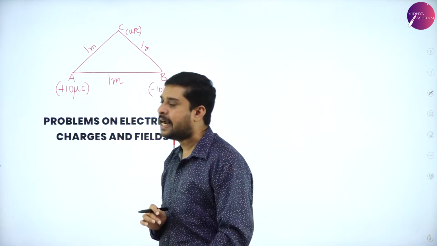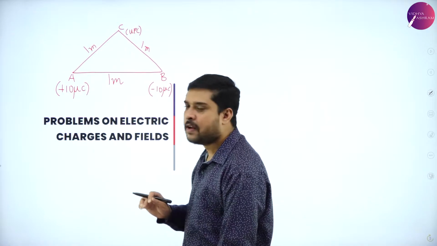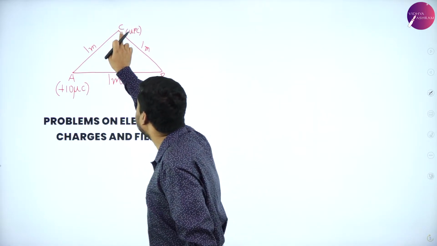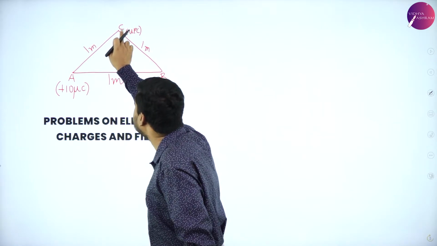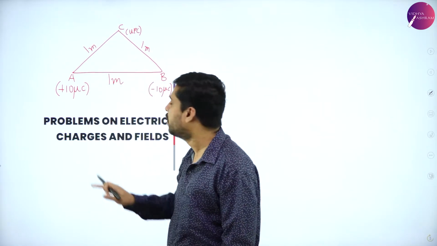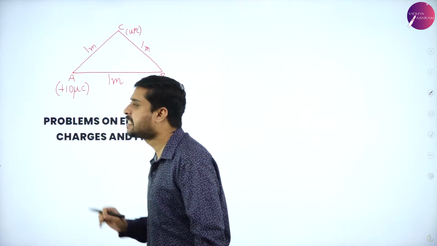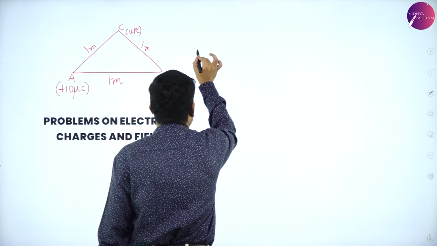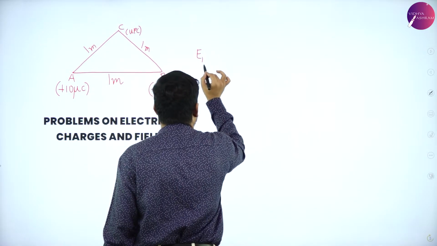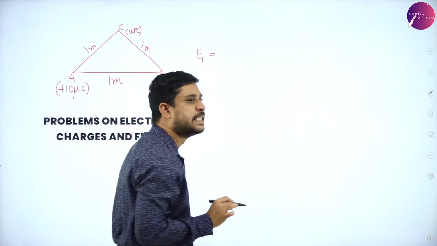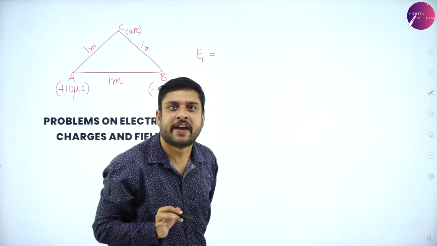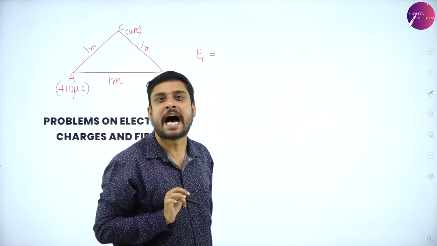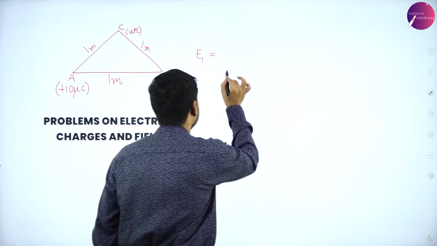How do we do that now? First, I will calculate the electric field at C due to this charge at A. I call that E1, which is the electric field at C due to the charge at A.